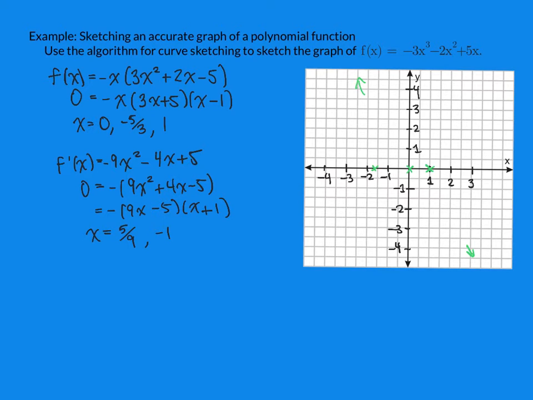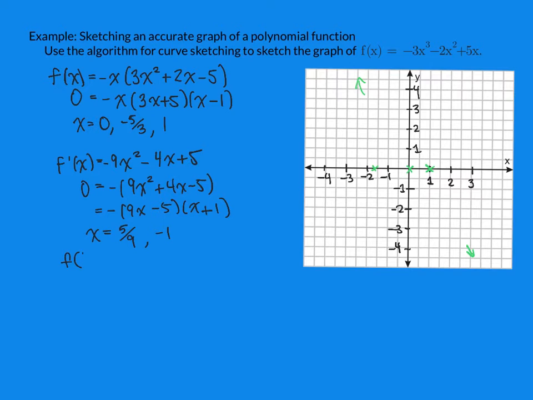And we could, of course, complete a chart to show ourselves increasing, decreasing intervals, but we already basically have the ability to make those estimates because we know that it has a negative leading coefficient, so we know what that cubic's going to look like. We just now have the actual points where our local mins and maxes are going to occur.